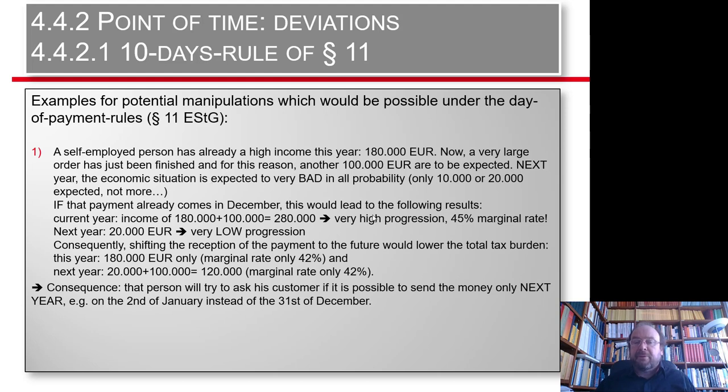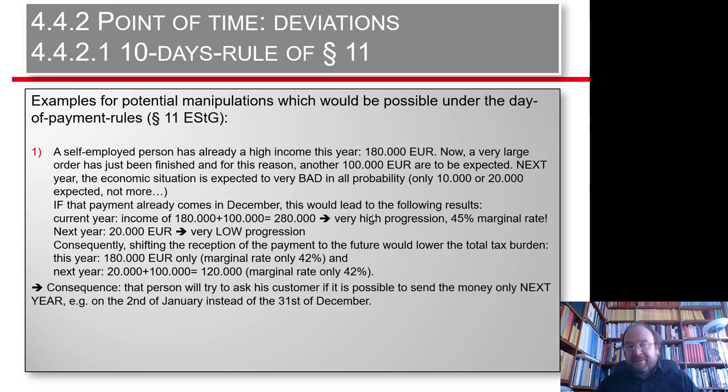Imagine a self-employed person has a high income this year, 180,000, and now another invoice has been issued claiming 100,000 from a customer. Now, this year, the economic situation was already extraordinarily good, so you would end up in a very high progression with 280,000 euro, 45% marginal rate.